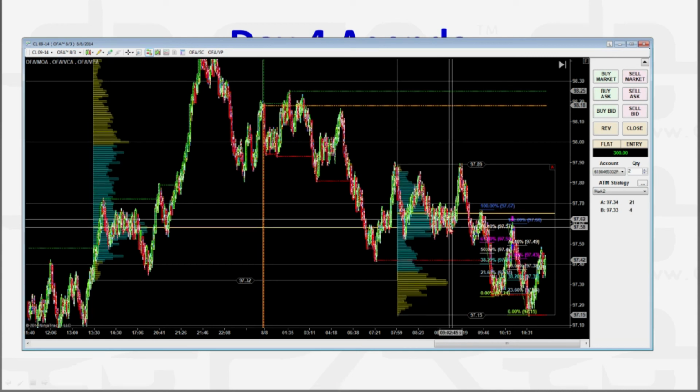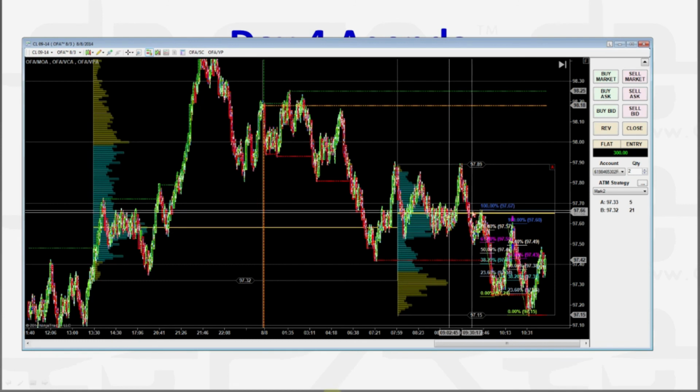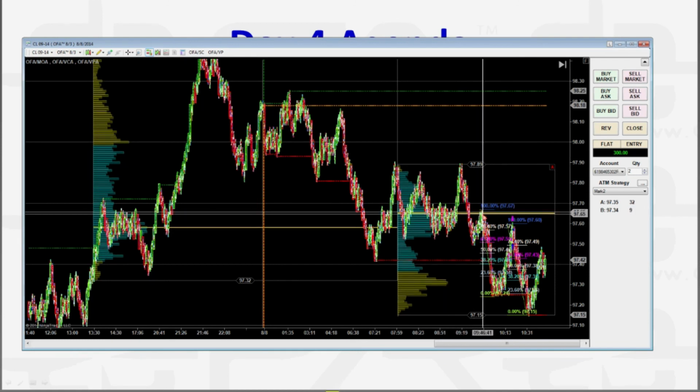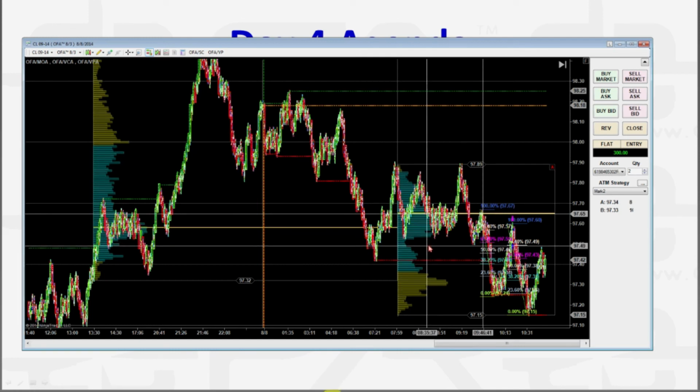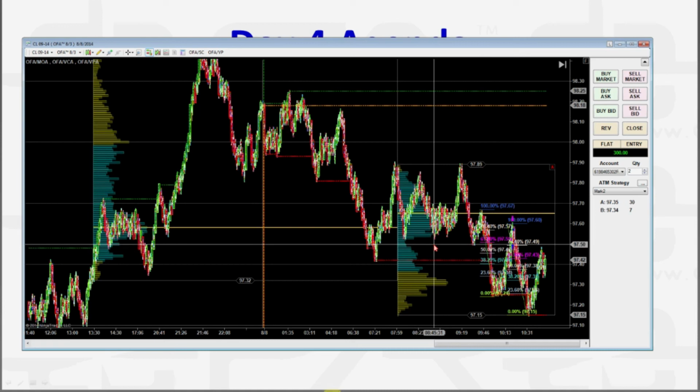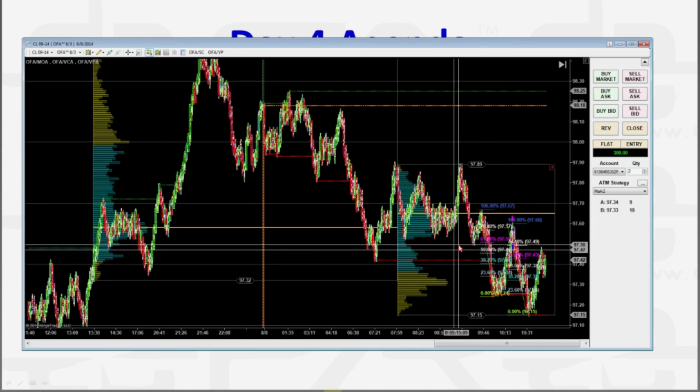So I'm looking from distribution to distribution. I'm looking to see if price is accepted higher or lower. And then I'm looking for these areas to be more of a price magnet than these low volume areas. Sometimes these low volume areas, you can set your clock by them. Price will come right back up to it and turn around.